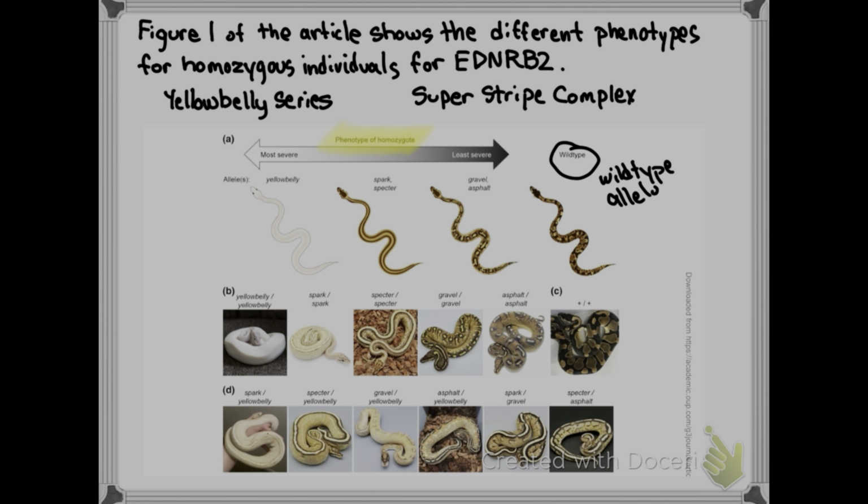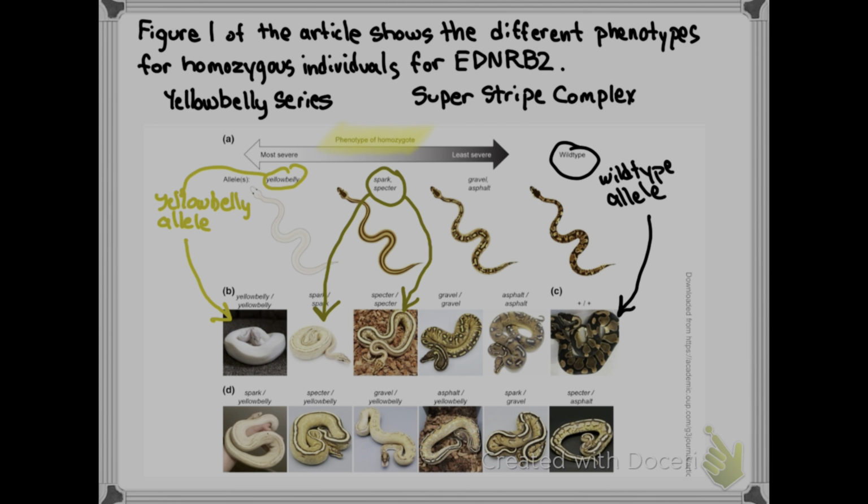So as I pointed out in the previous slide, we have our wild type allele, and figure 1 gives us an image of a wild type phenotype to go along with those alleles in a homozygous form. Then we have the Yellowbelly allele, whose homozygous phenotype is, like I said, a white snake with, can't really see it in this image, the yellow dorsal stripes.